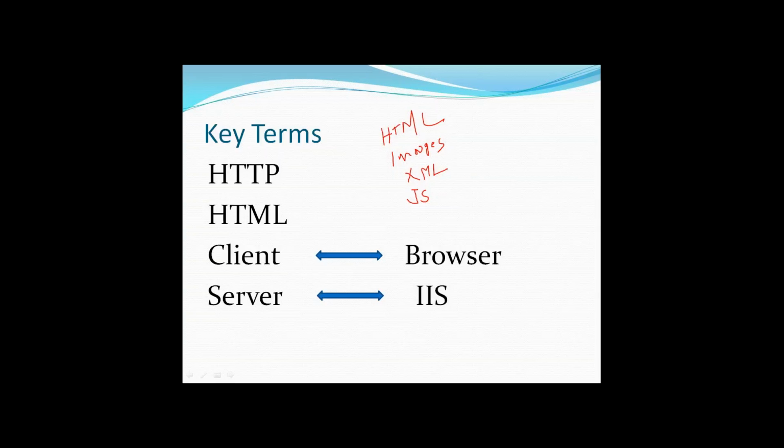Making sense? All these are called your client-side code. Images are definitely not code, but they would be client-side components. Fine. CSS, good, style sheets. Understood?